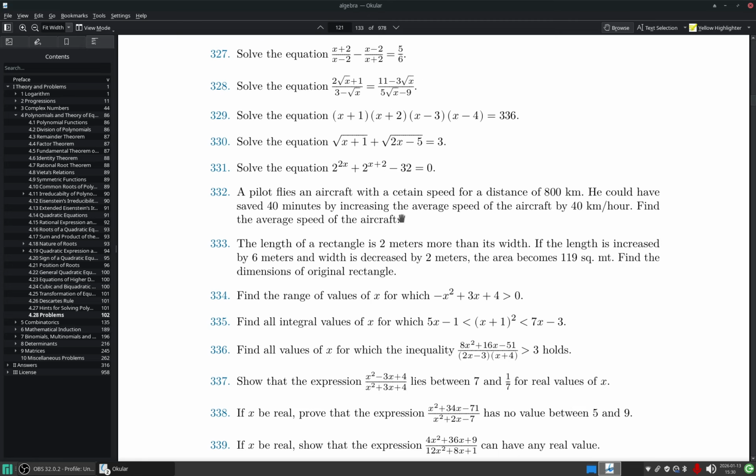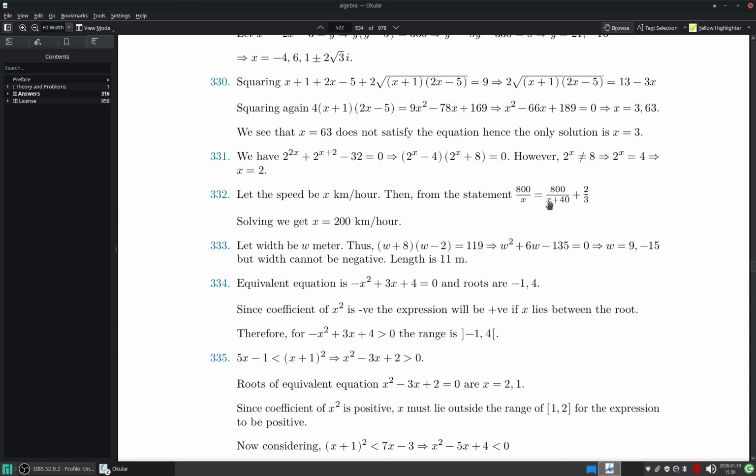He could have saved 40 minutes, that is 40 by 60, that is 2 by 3 hours. And the extra speed is 40 kilometers per hour. So 800 by x plus 40, that is the new speed, would have saved 2 by 3 hours. So we add this time here and then both the terms will be equal.